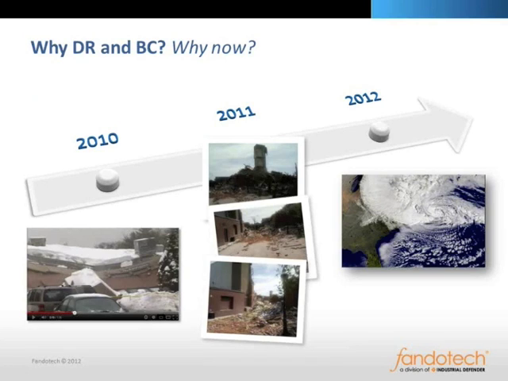So why DR and why BC? Really, why now? Especially us in New England, over the last 2+ years, we've seen our own share of weather-related incidents. In 2010 we had heavy snowfall that crippled some cities and small towns. 2010. Who'd have thought that there'd be tornadoes in downtown Springfield?